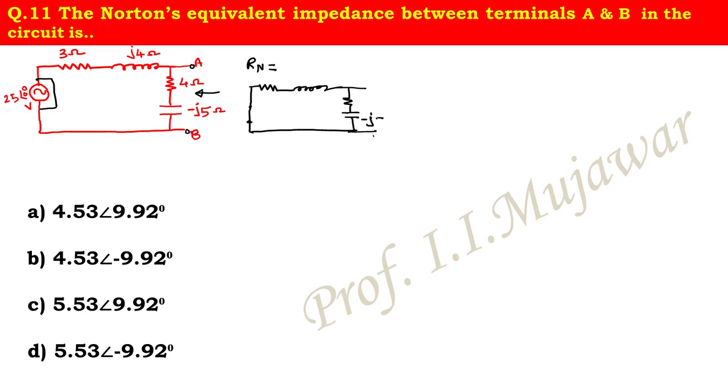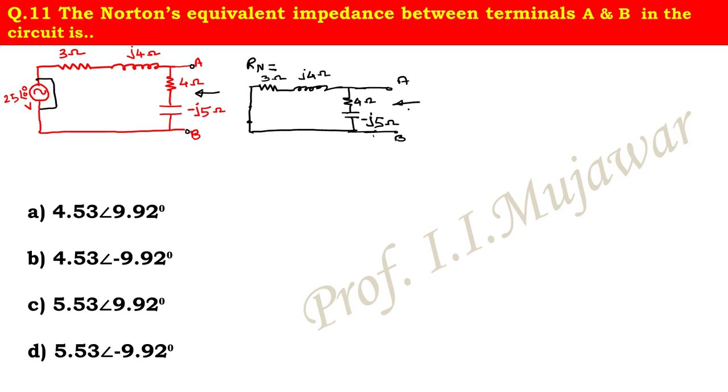Okay, that means here you have 3 ohm, j4 ohm, 4 ohm, minus j5 ohm, all the values are in ohms, and these are the two terminals A and B.